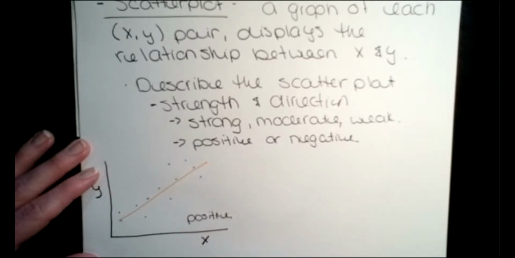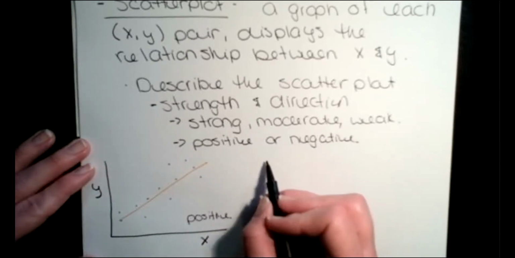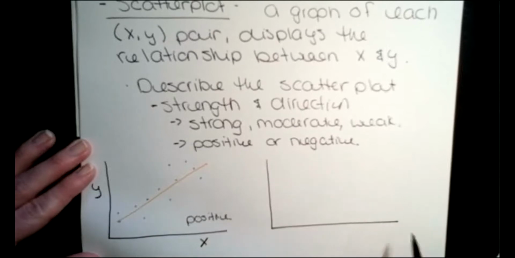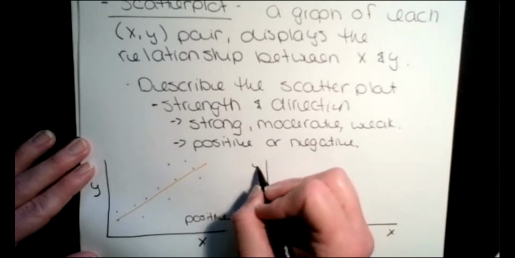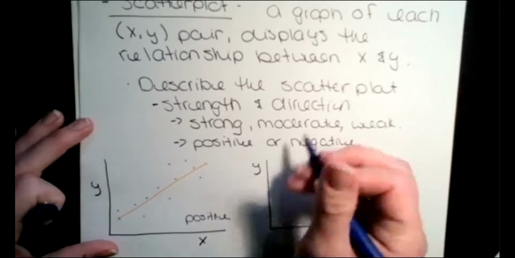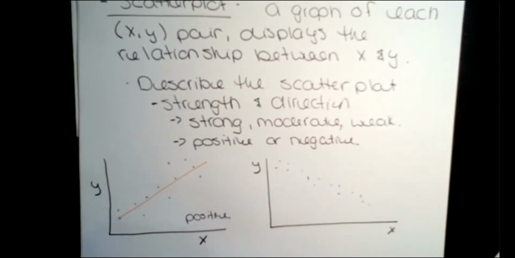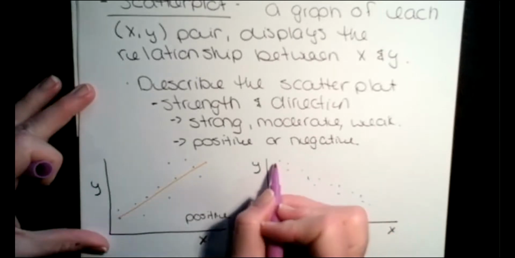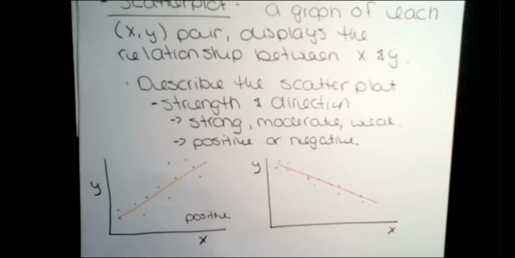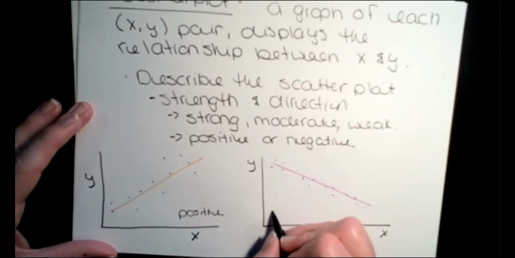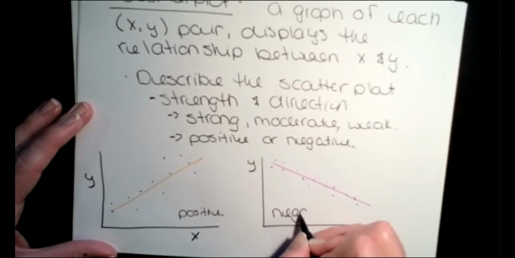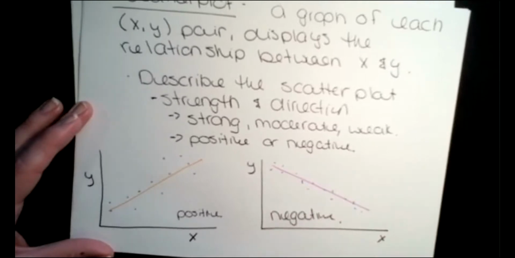So that's how I can tell that direction. Or if we had something in the opposite direction, like this, here we would see that we have a negative line. So there's my direction, okay?